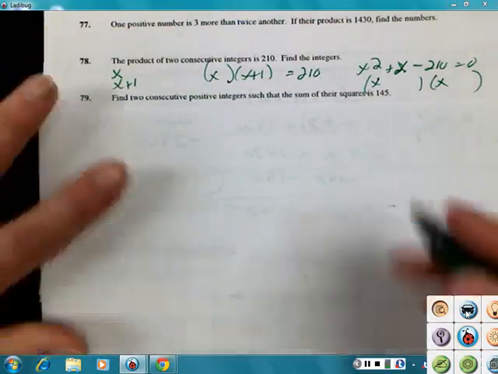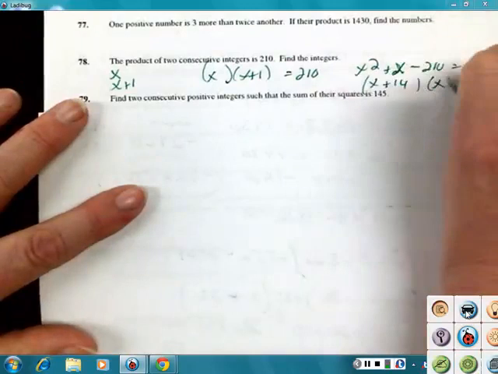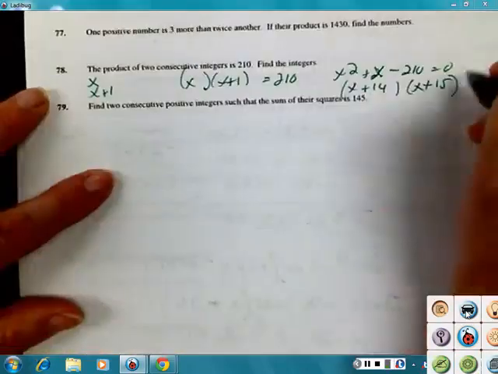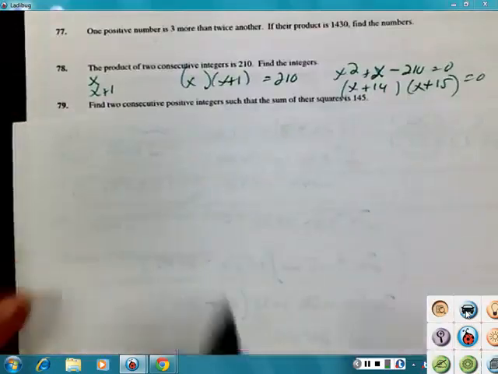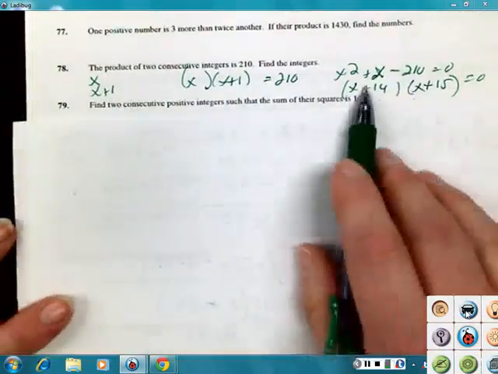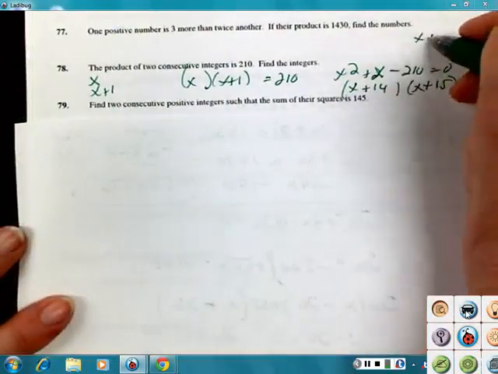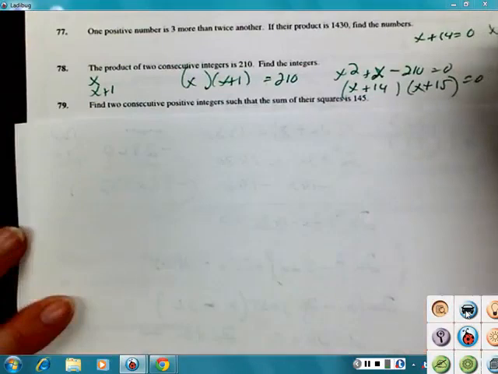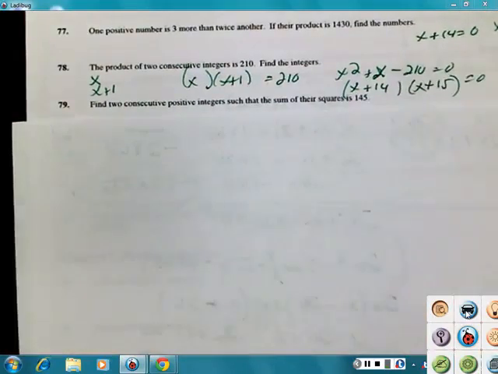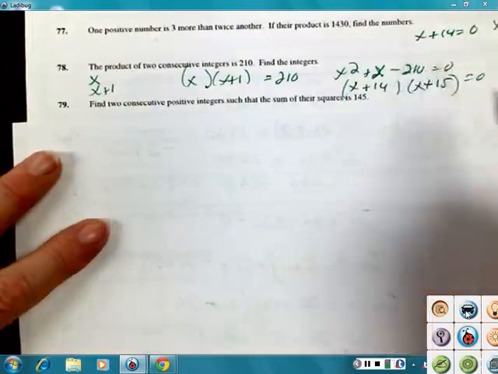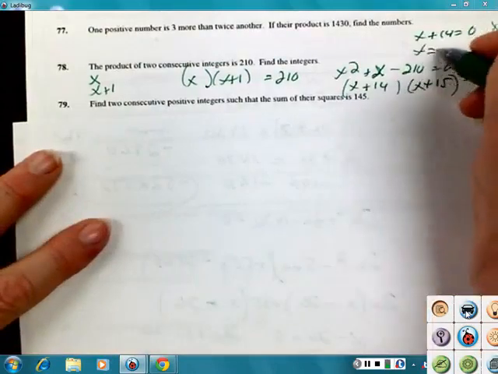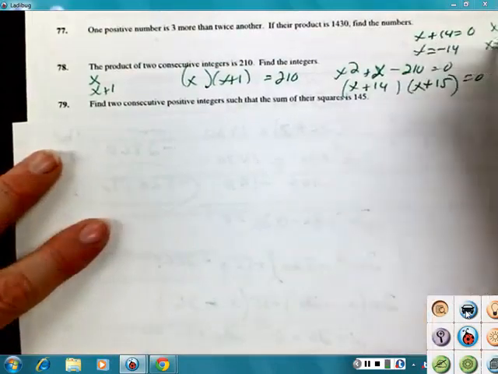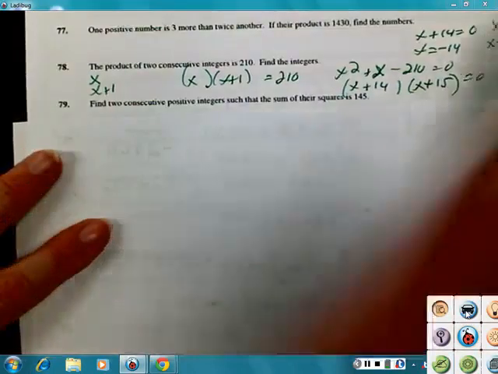Okay, yeah. X plus 14 and x plus 15. And so I want the two consecutive numbers, so set x plus 14 is equal to 0 and x plus 15 is equal to 0, and end up solving that one, finding out that x is a negative 14 and x is a negative 15.